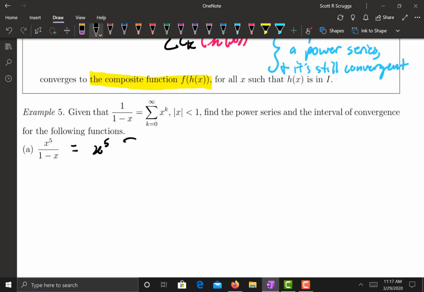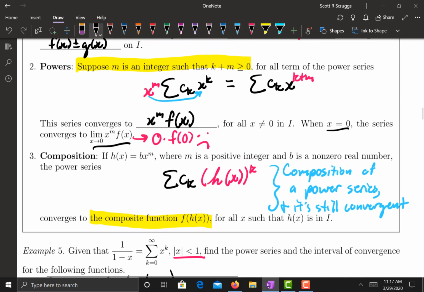I know nothing about x to the 5th, but I do know some things about 1 over 1 minus x. I can rewrite it as the sum k equals 0 to infinity of x to the k, provided the absolute value of x is less than 1.